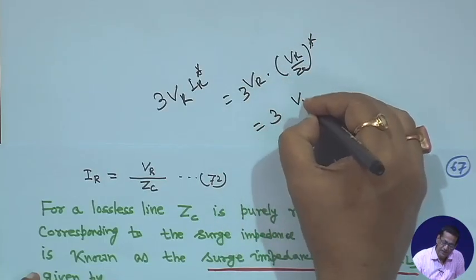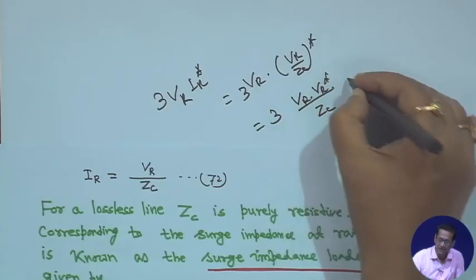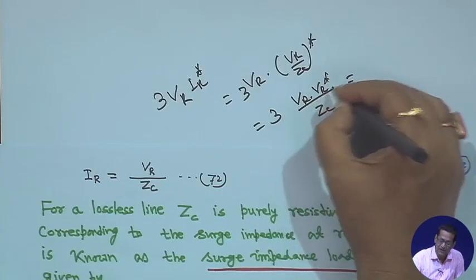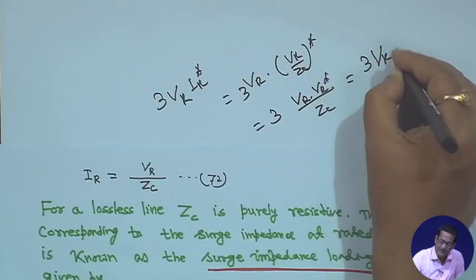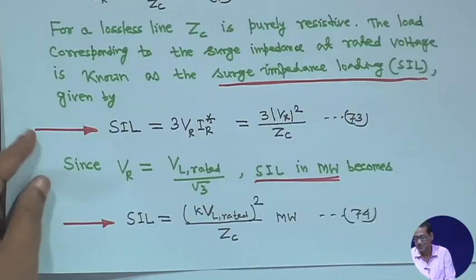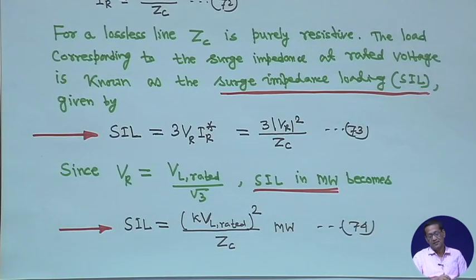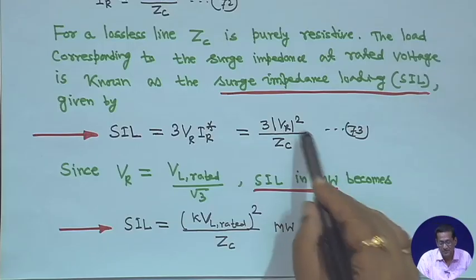This is 3 V_R conjugate upon Z_C, because Z_C is a real quantity. So, V_R into V_R conjugate gives 3 V_R square divided by Z_C. That is why we write SIL is equal to 3 into voltage magnitude V_R square upon Z_C.